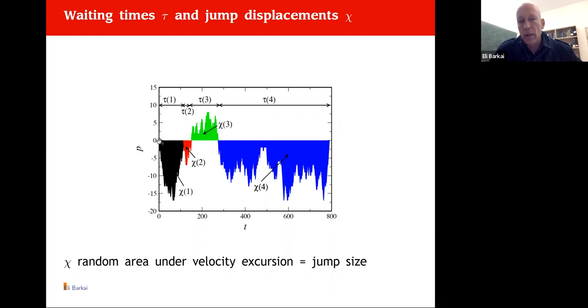So I define the waiting time between zero crossings as tau 1, tau 2, tau 3, etc. These are random variables. And I define the integral over the random excursion here as the displacement, chi 1 and chi 2 and chi 3, etc. And we are going to analyze these things. And from this, we are going to be able to solve this Langevin equation and show you the relation to Levy statistics. So chi again is the random area under the velocity excursion, and it's like a jump size.